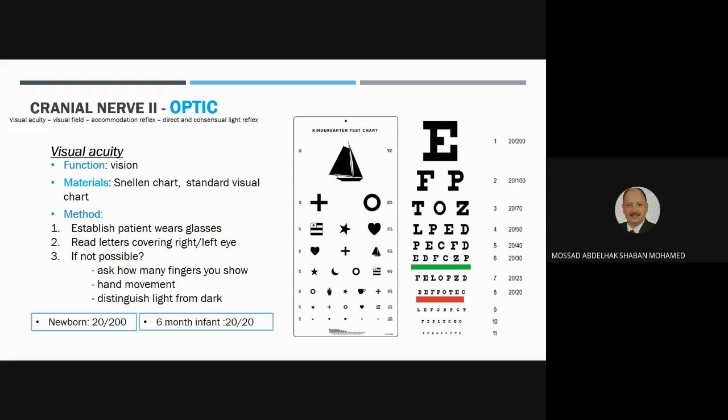What happens? She's stuck maybe. Even the cranial nerves are very difficult, even in presentation.